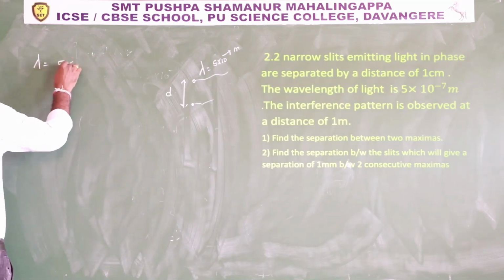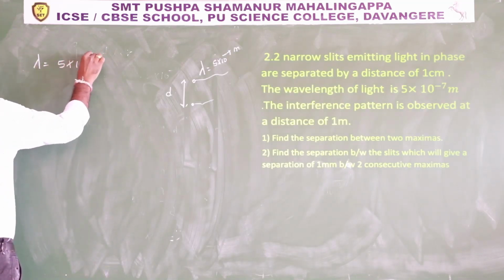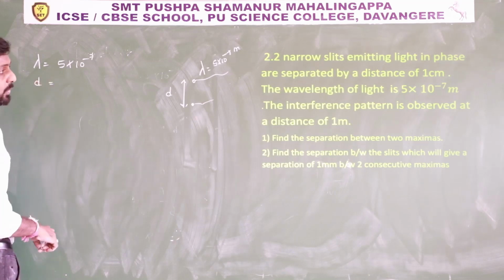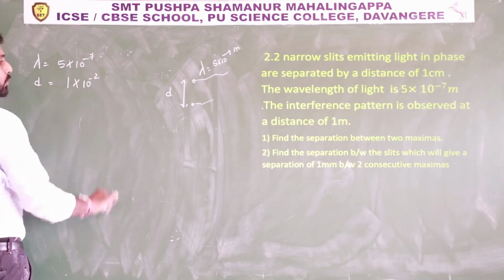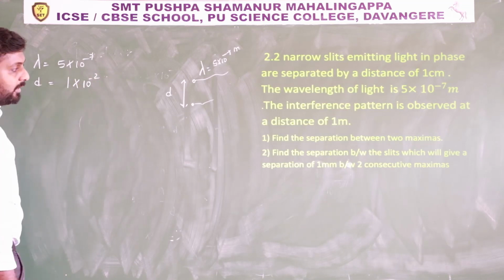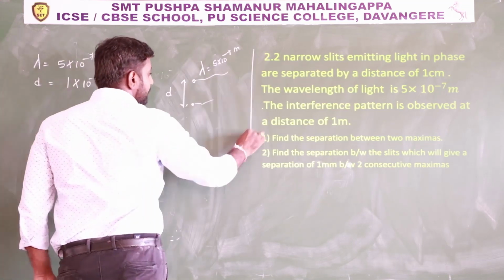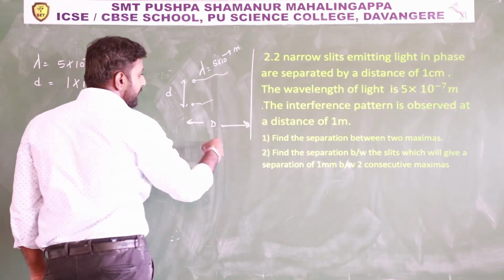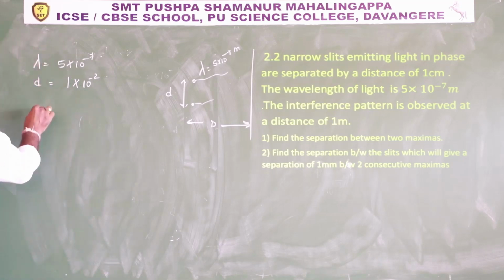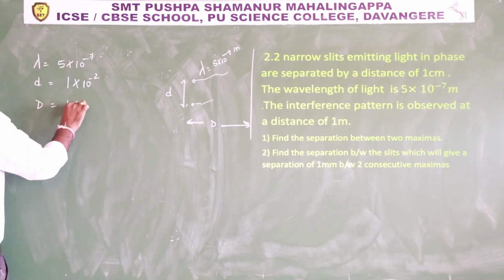The d value, the separation between two slits, is given as 1 centimeter, 1 into 10 to the power minus 2 meter. There is a screen, and on the screen this interference pattern is observed at a distance of 1 meter. Capital D equals 1 meter.